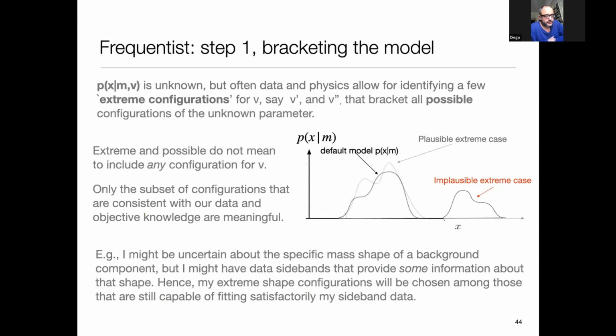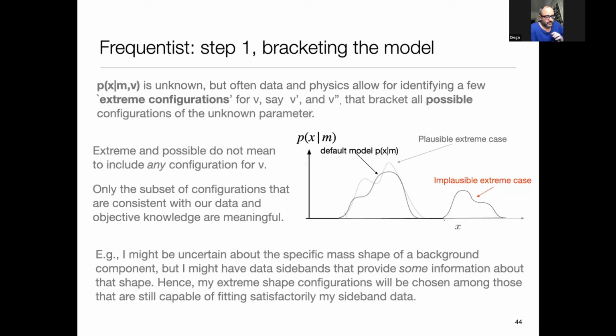The frequentists do a different thing. They try to find plausible extremes for the model. And I've shown in this picture what plausible and implausible mean. So you have an idea, of course that's also subjective, but you have an idea that your unknown parameter can be somewhat bracketed within a certain range, for instance.